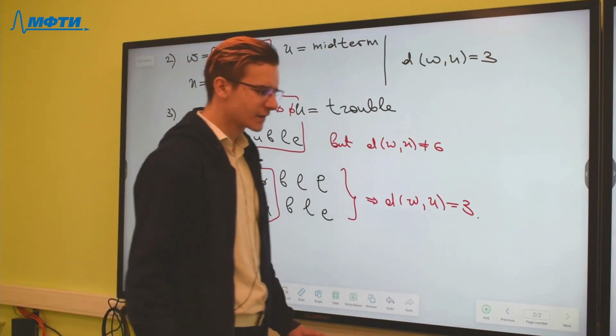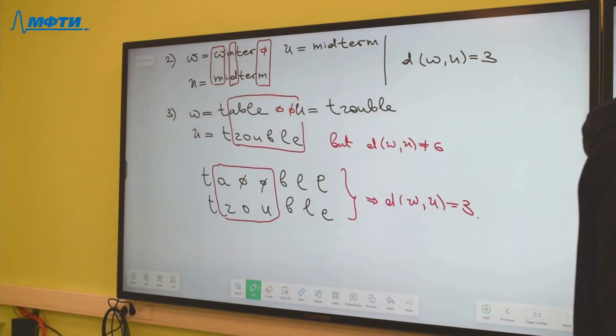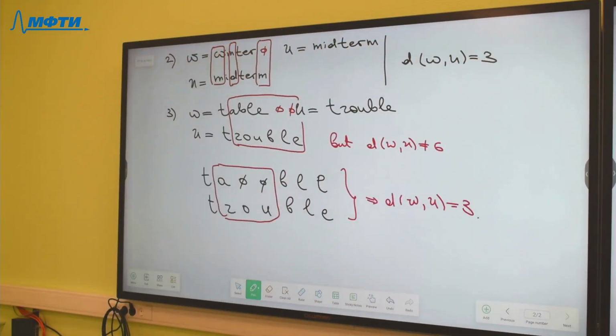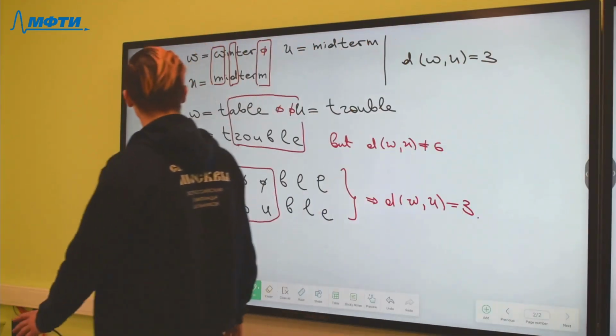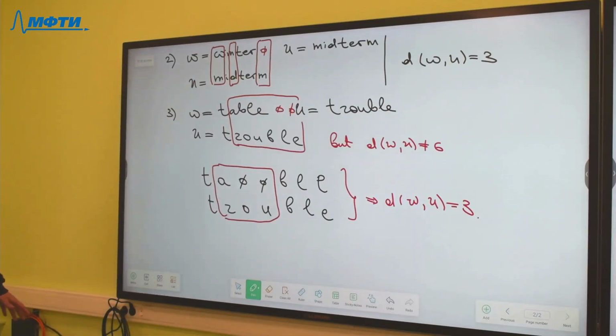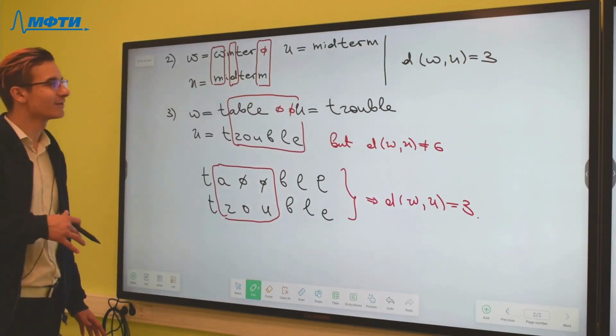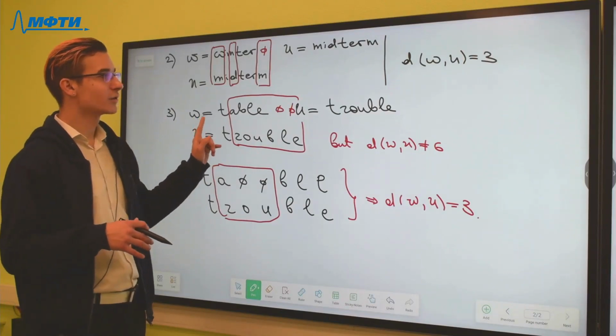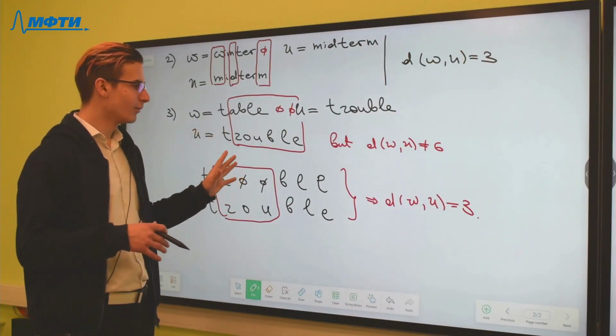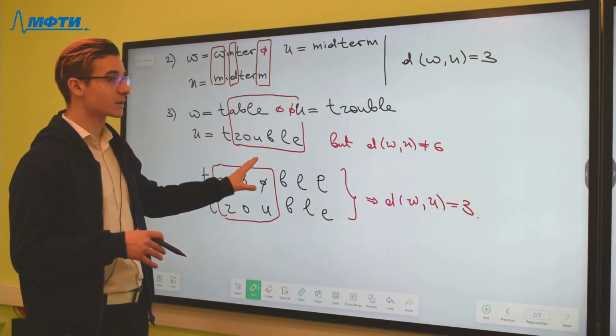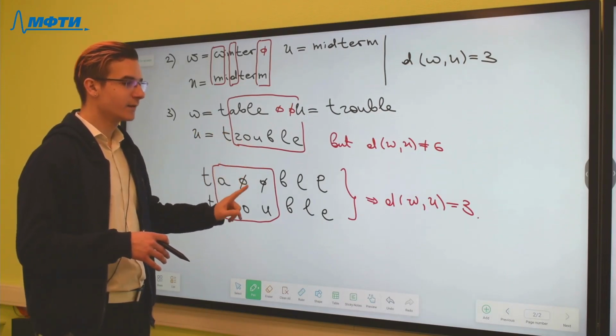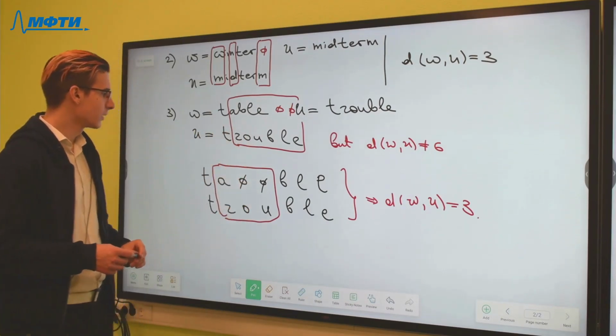I think these two tasks are not connected, but today we talk about matrix multiplication, and that task will be connected with two-dimensional dynamic programming, but not this one.